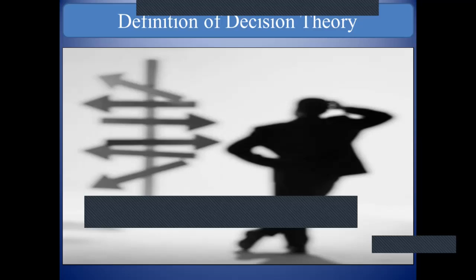Here arrows indicate acts. Some arrows are going on the left side and some are going on the right-hand side. Now he doesn't have any idea regarding the best act because he doesn't have any idea regarding the decision theory chapter. But as a statistics student, after studying this chapter, you'll definitely decide the best act out of several alternatives using our statistical tools or techniques.